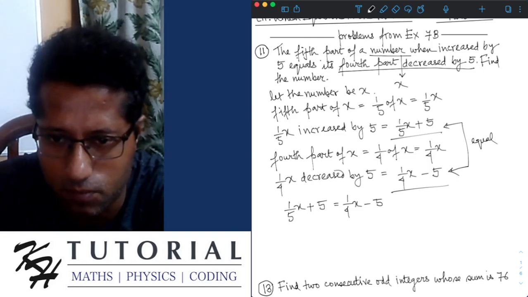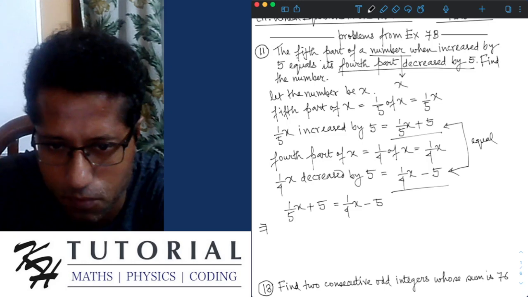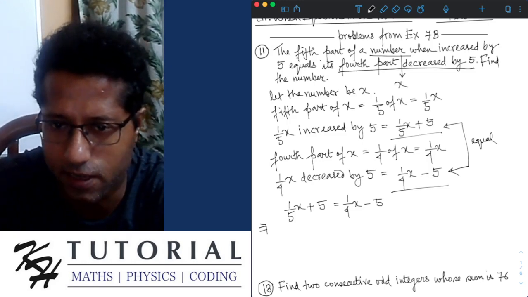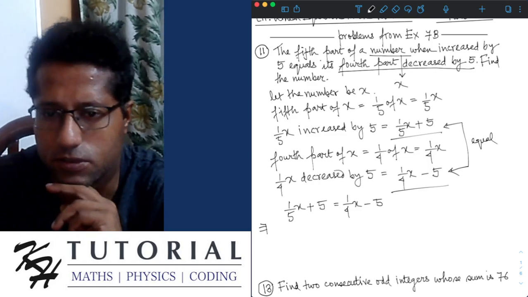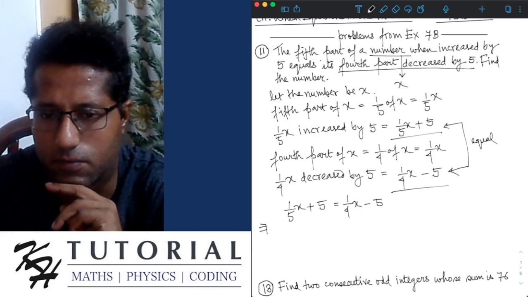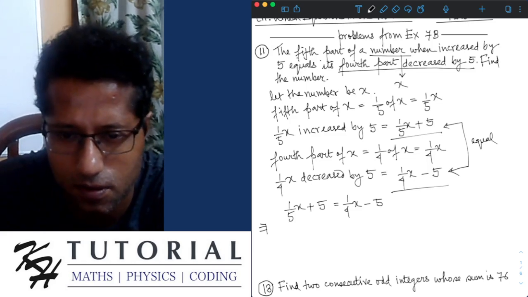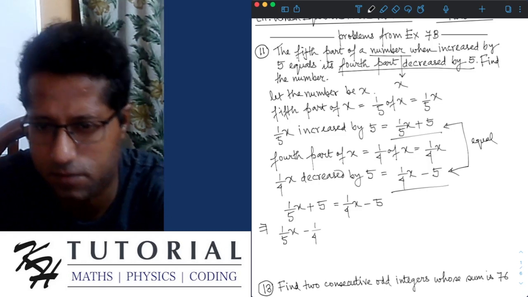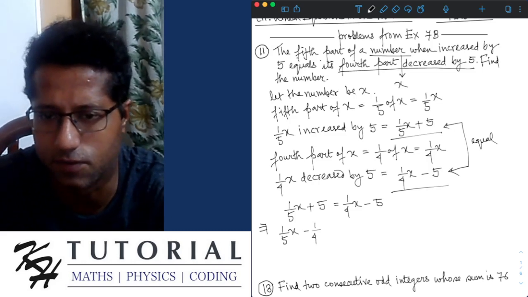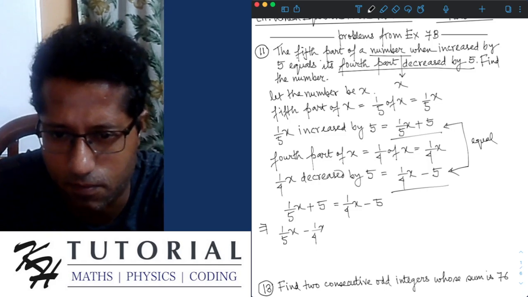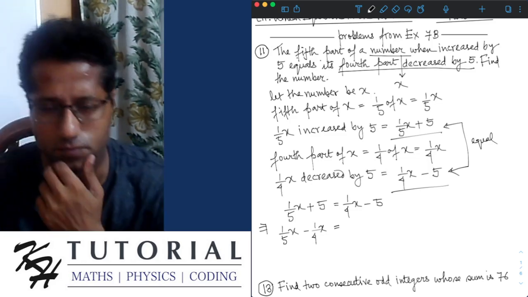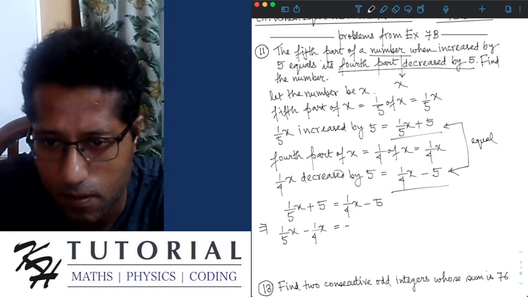So in this problem I will transpose the variable term 1 by 4 x from the right hand side to the left hand side, and I will transpose the plus 5 from LHS to the RHS, and this becomes 1 by 5 x minus, while transposing 1 by 4 x to the left hand side, its sign will change, so we are having minus 1 by 4 x, and while transposing 5, which is positive, from the LHS to the RHS, it will become minus 5.